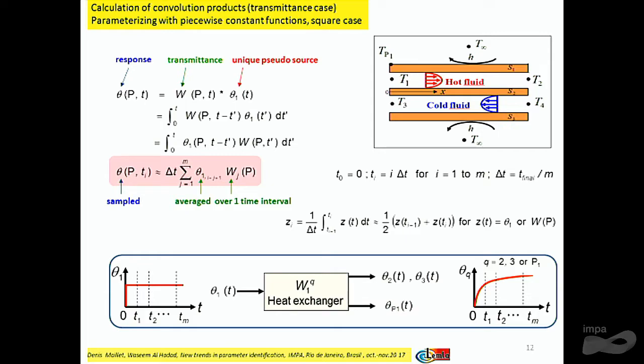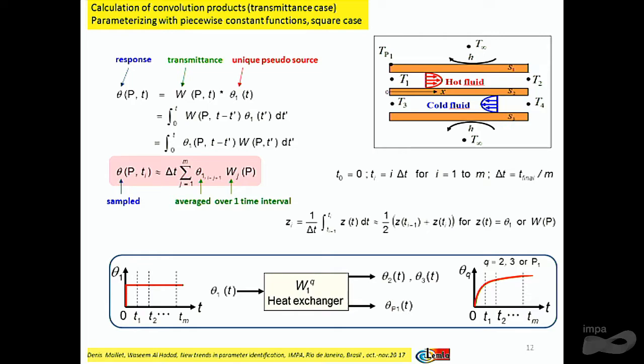At a given time, now we sample this convolution product. So at a given time and at a precise location, we make a quadrature. We use the step size, the acquisition time step here, and we just have to make the average over each time interval. For example, at any location, we consider the sample value. It's a point value at a given point, but for the temperature here, it's an average value for theta 1, which is here.